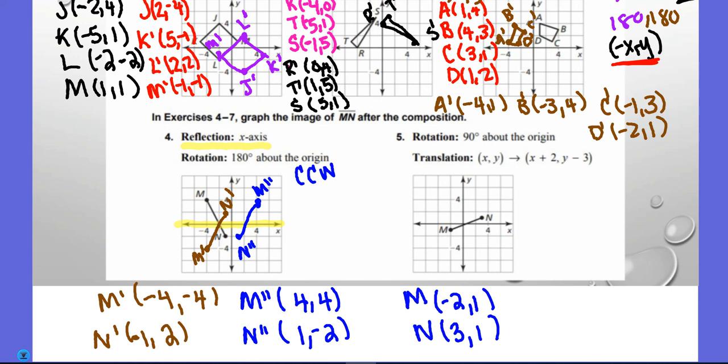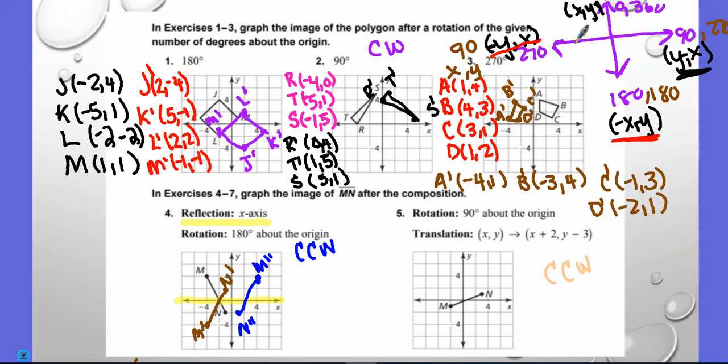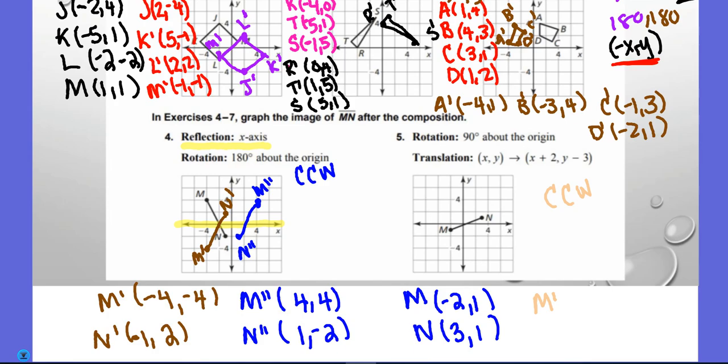So M double prime, well, I'm sorry, M prime, to do this rotation, I'm still going to go counterclockwise for this one. And if I go counterclockwise for 90, that will put me right here.